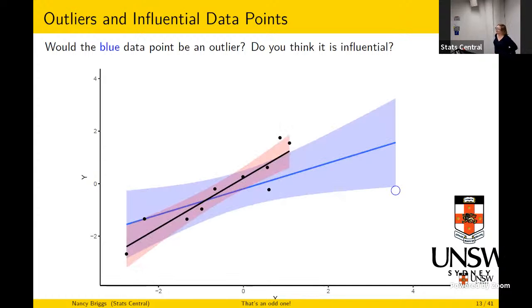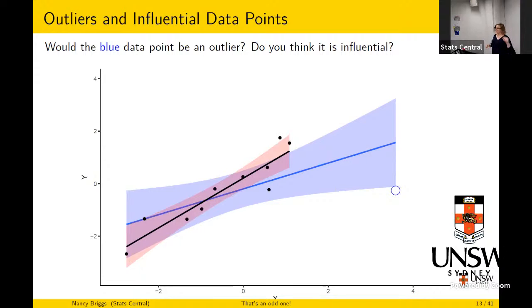And this one, you can see that the relationship between X and Y, when you include that extra data point, is markedly different than the original sample with just 10 things. So it changes the intercept because the line is changing, the slope.